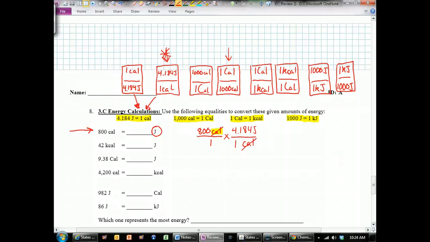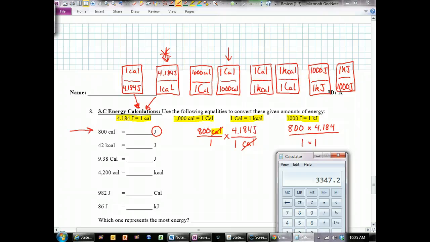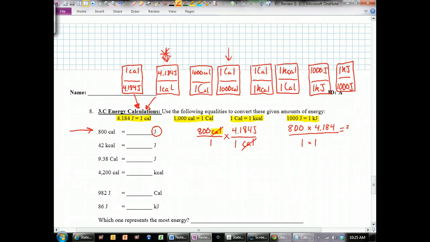So this becomes a math problem that looks like 800 times 4.184 over 1 times 1. So it's 3,347. So that's our answer in joules.